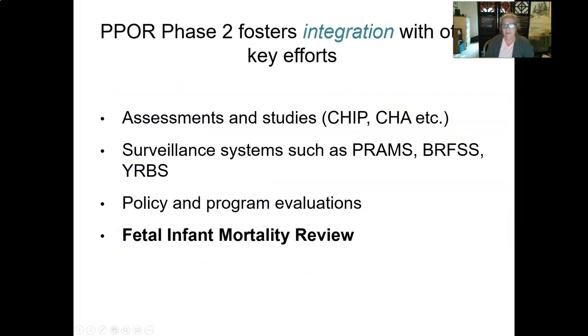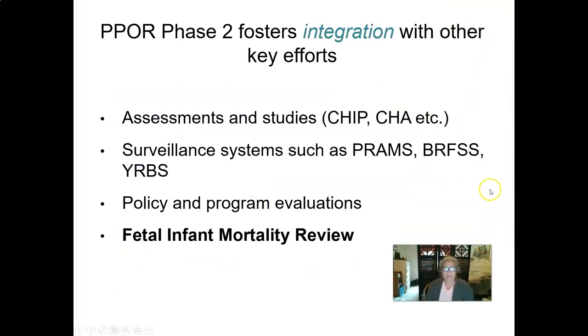So, if you haven't already guessed, PPOR really does foster integration with other key efforts that are going on in your community. Community health improvement plans, community needs assessments. Sometimes those include surveys of community members.